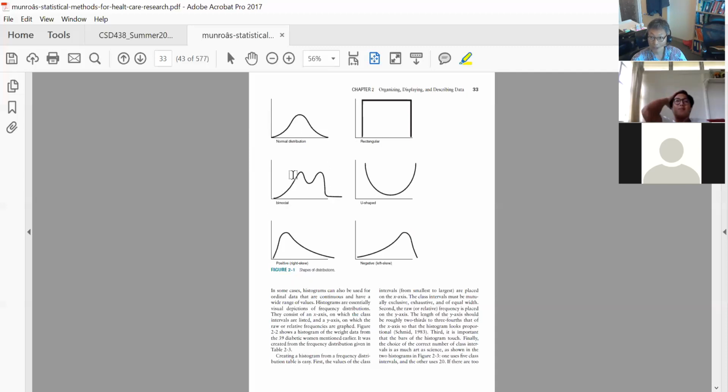So I hope you check how to construct the histogram, and this frequency polygon also, and the stem and leaf plots. It's very easy to construct a stem and leaf plot.